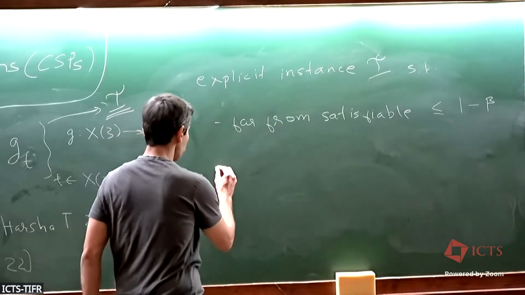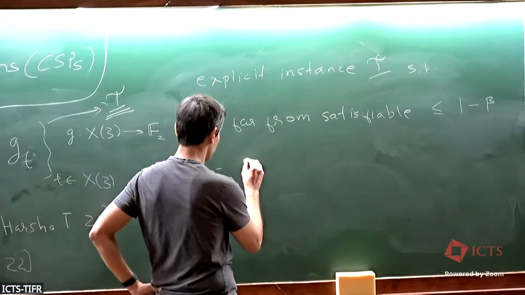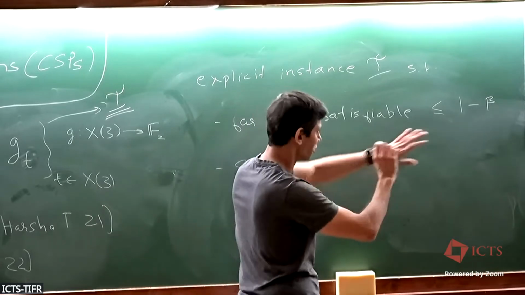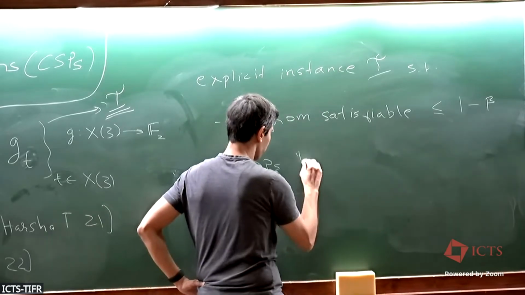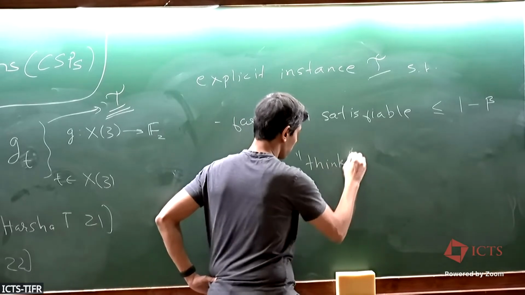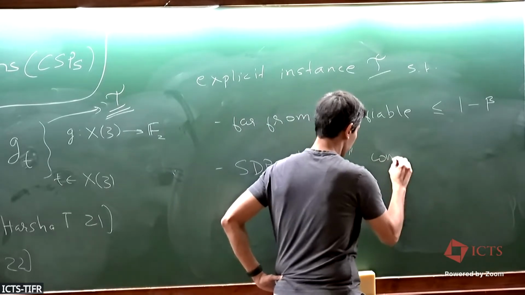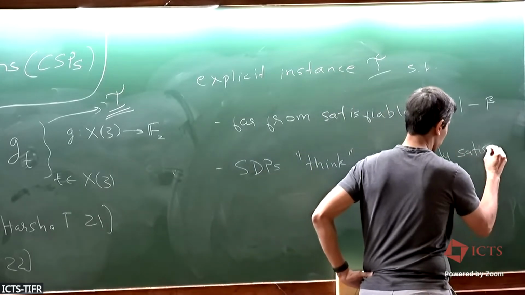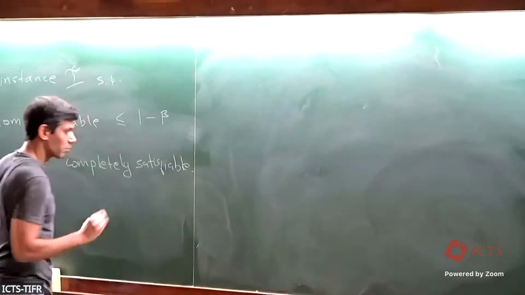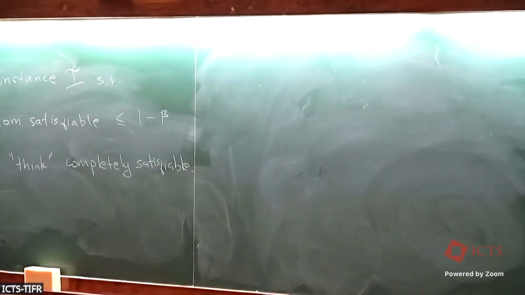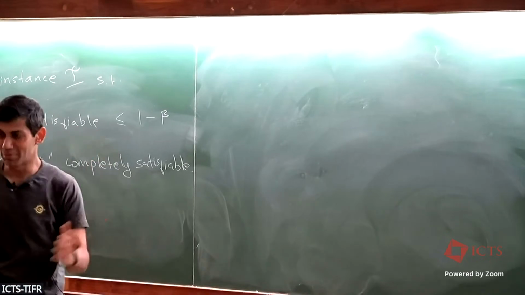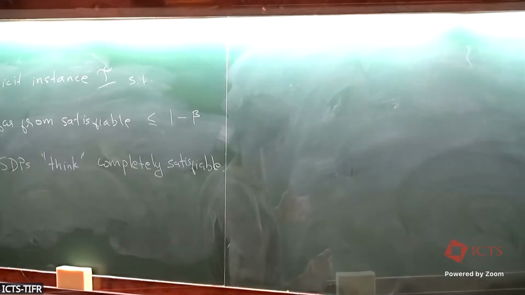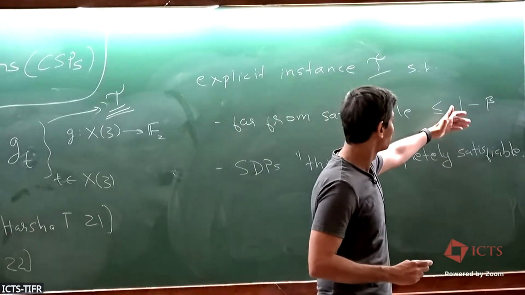But a fairly general class of algorithms, given by, let's say, semi-definite programs, and if you don't know what they are, I won't use them, I'll say something simpler, so-called hierarchies of semi-definite programs, think that these instances are completely satisfiable, so they cannot distinguish it from the unsatisfiable case. This is the true case, right?